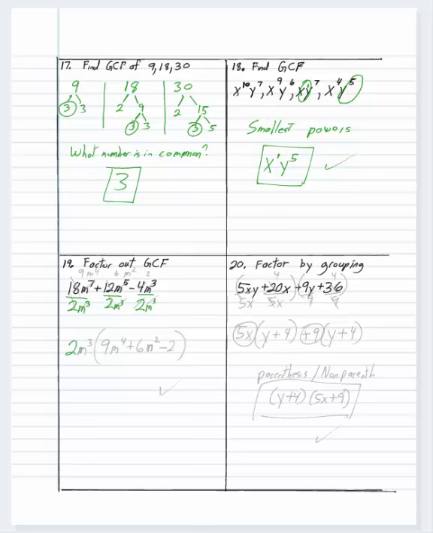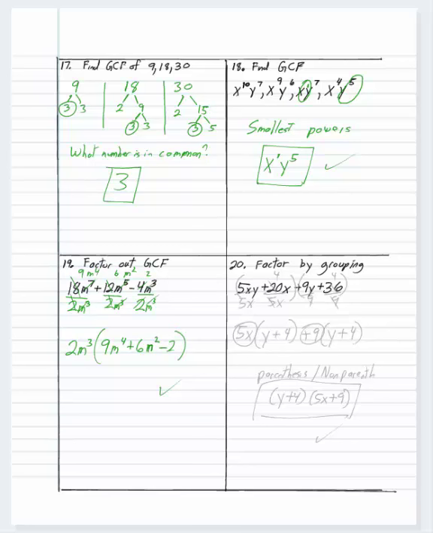So let me put 2m^3 to the side, and then we'll divide. 18 divided by 2 is 9, and 7 minus 3 becomes m^4. 12 divided by 2 is 6, and 5 minus 3 is 2, m^2. And then 4 divided by 2 is 2, and m^3 is crossed off. And that's our answer.